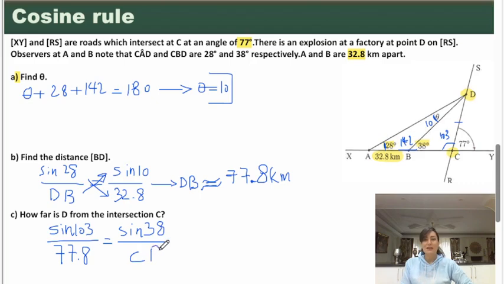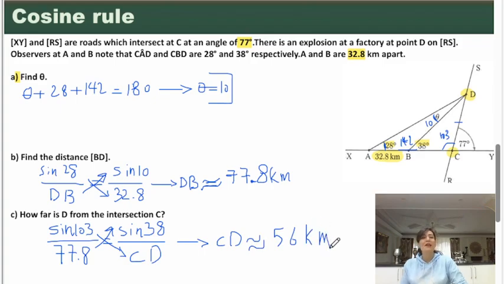So if I find the value of sine of 38 and the value of sine of 103 with the calculator and then use cross multiplication, I will find the length CD, which is approximately 56 kilometers. Okay, we are done here.